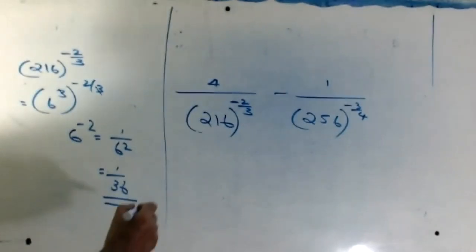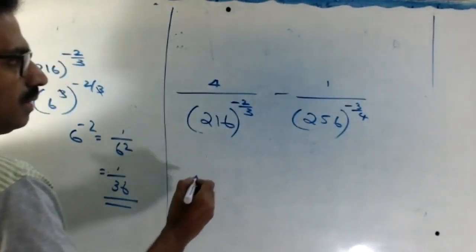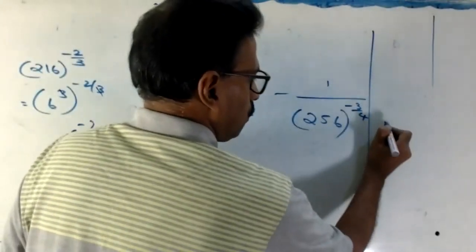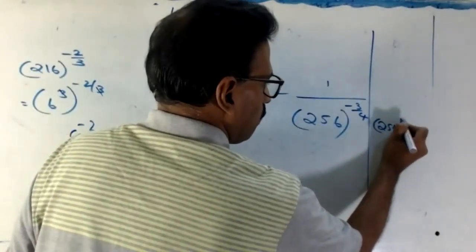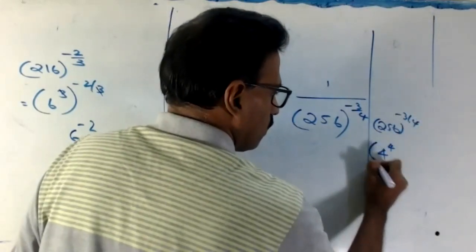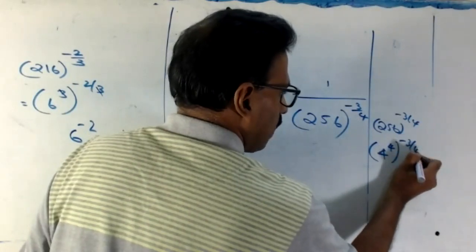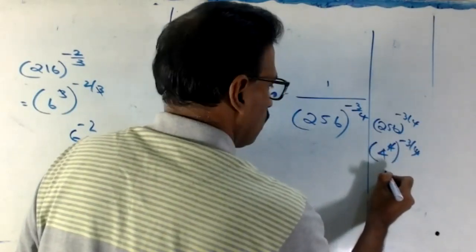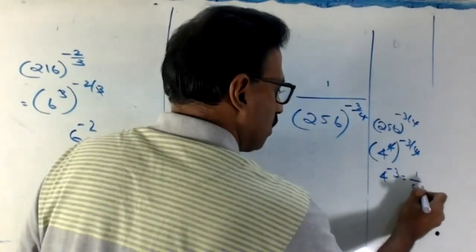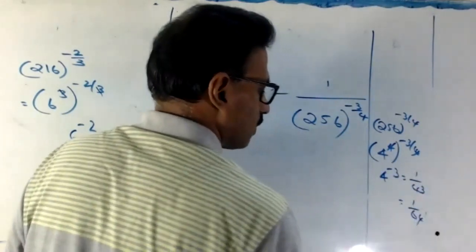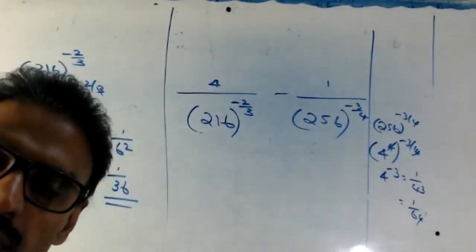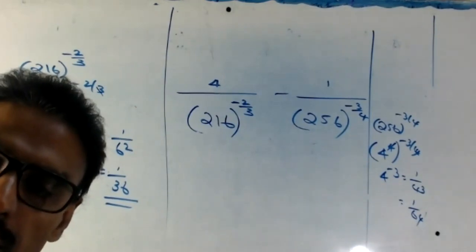Okay, now second part. 256 raised to minus 3 by 4. That is 4 raised to 4 whole raised to minus 3 by 4. Cancel. 4 raised to minus 3 equals 1 by 4 cube equals 1 by 64. Second part okay.